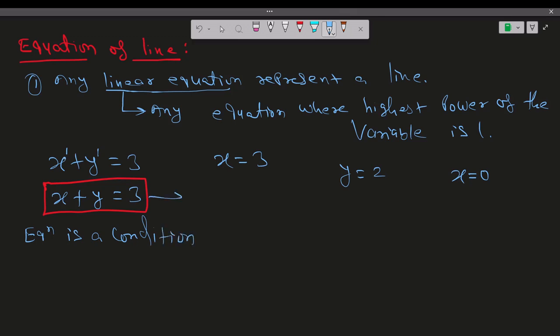See this line, which is line number 1 or equation number 1. Equation number 1 is saying a condition that I want all those points.